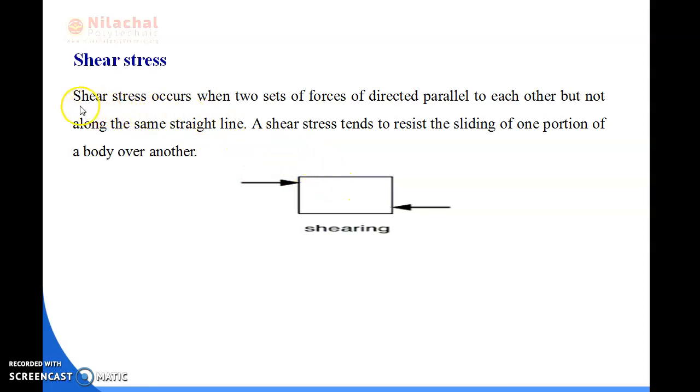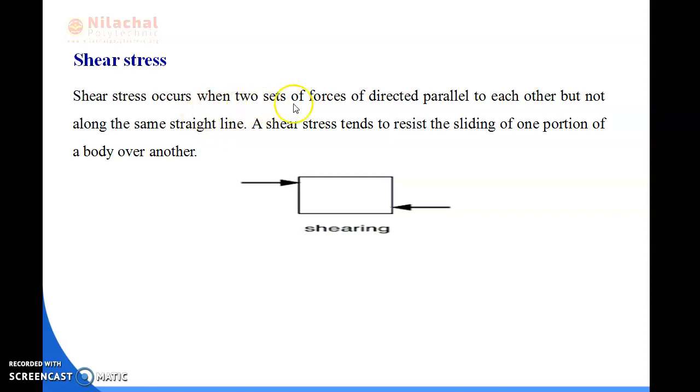By definition, shear stress occurs when two sets of forces are directed parallel to each other but not along the same straight line. If they are along the same straight line, that is the case of compressive stress.